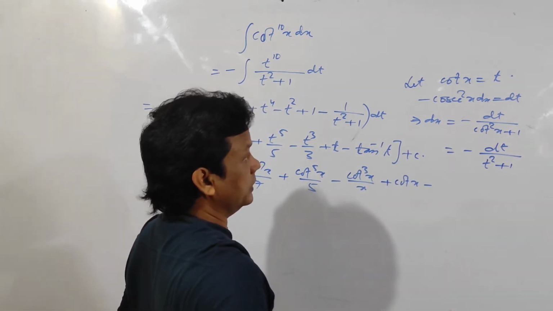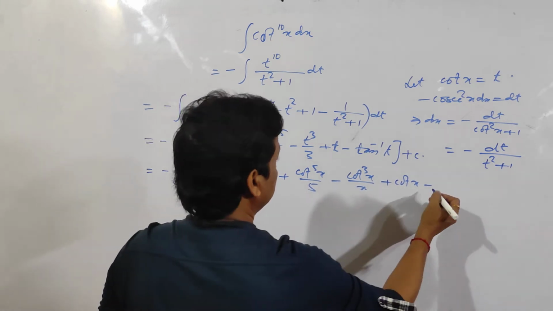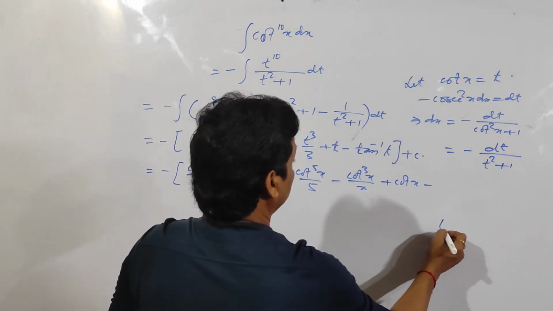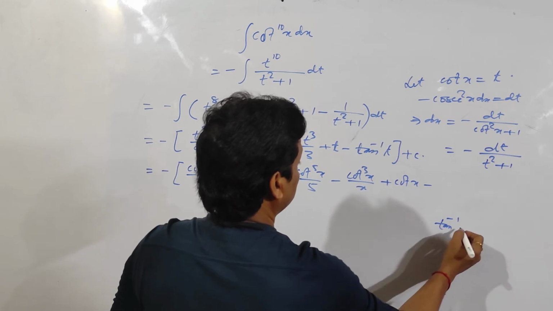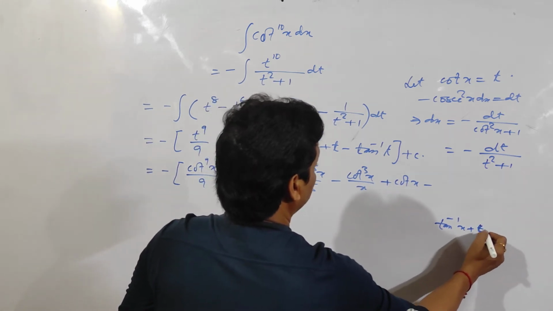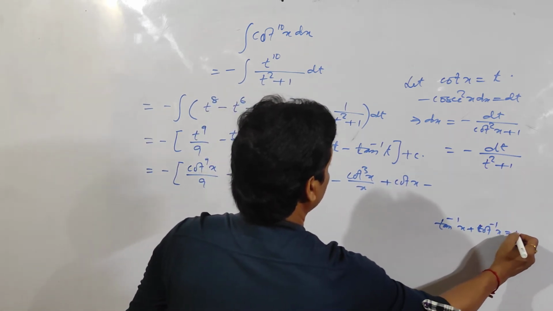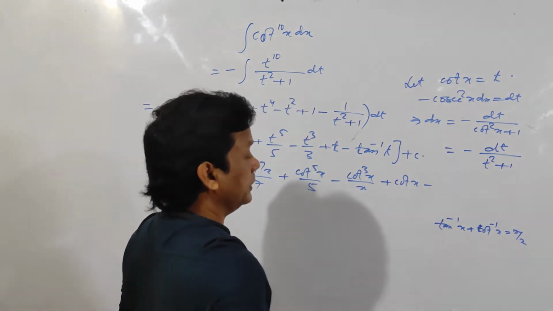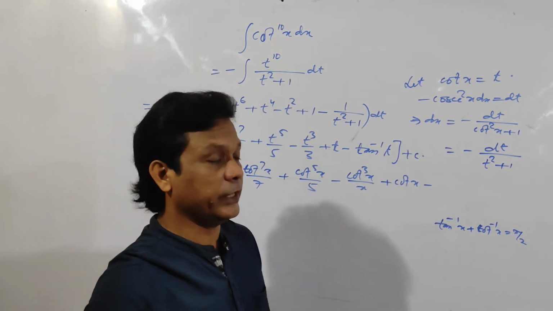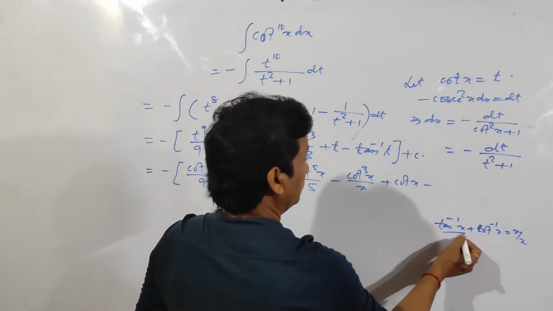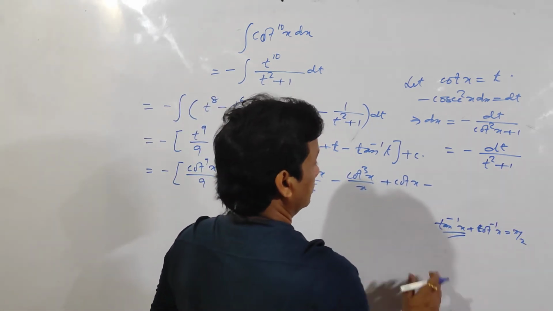How to write tan inverse t? Because, I have told you in my inverse trigonometric functions, tan inverse x plus cot inverse x is equal to pi by 2. So tan inverse x will be equal to pi by 2 minus cot inverse x.